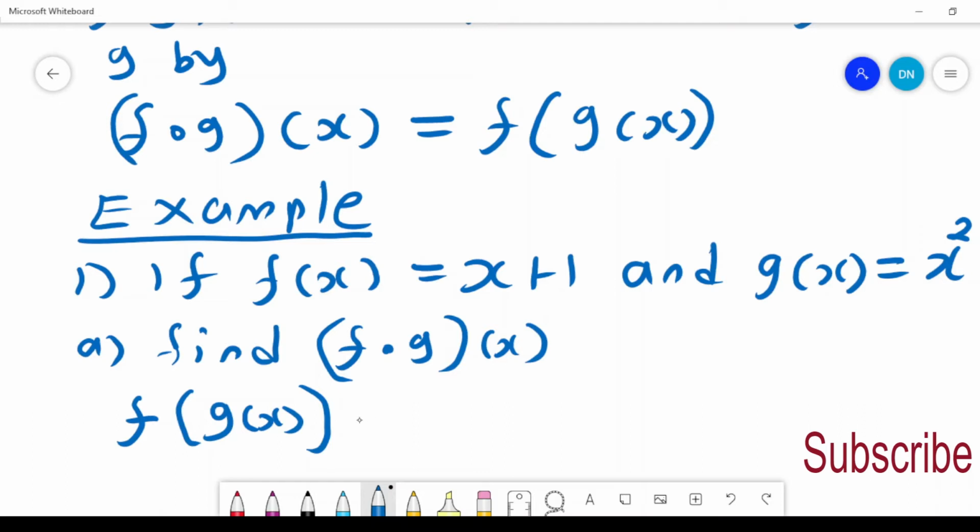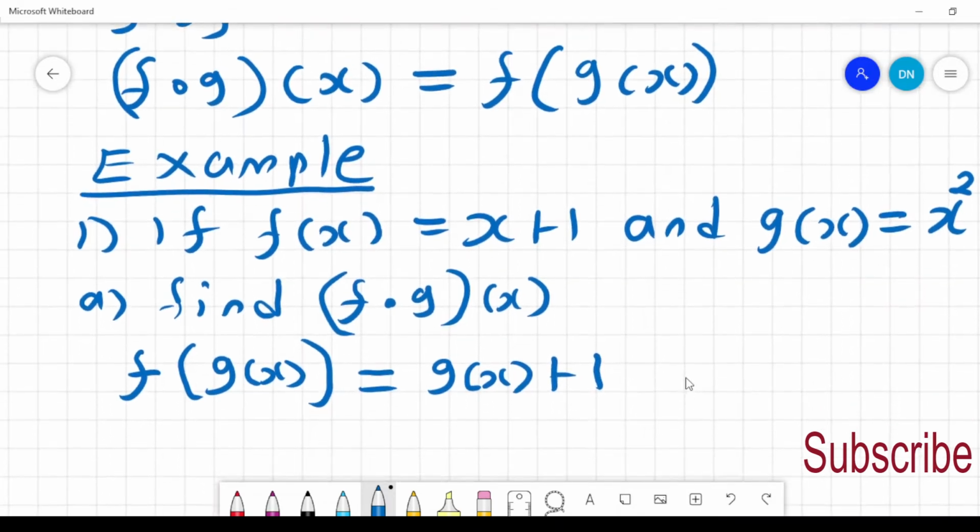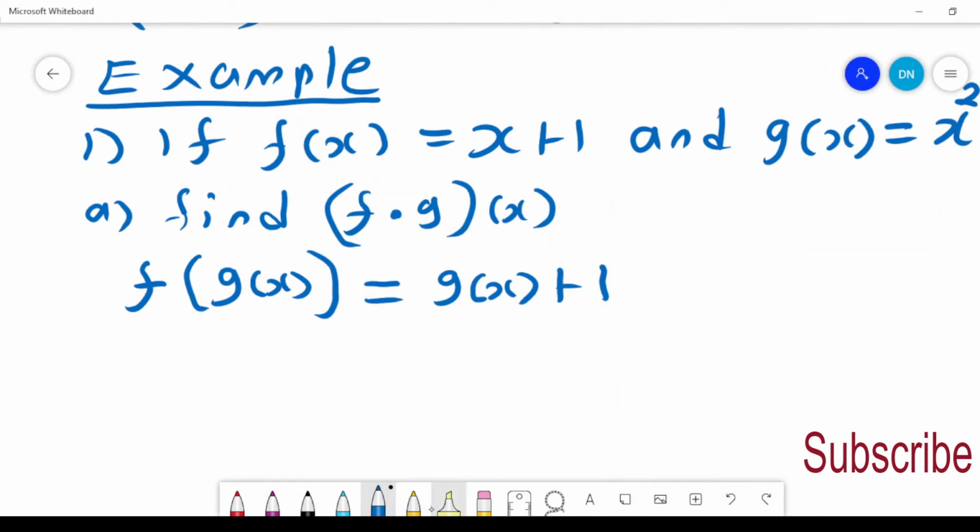So f of g of x is equal to g of x plus 1. The place where there was x, you replace it with g of x. That's what we have done. And we know that g of x is x squared, so we get x squared plus 1.